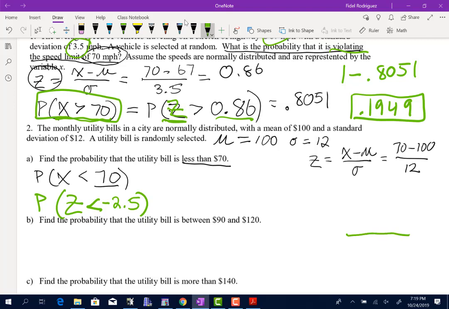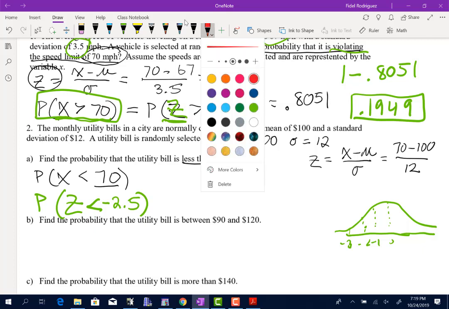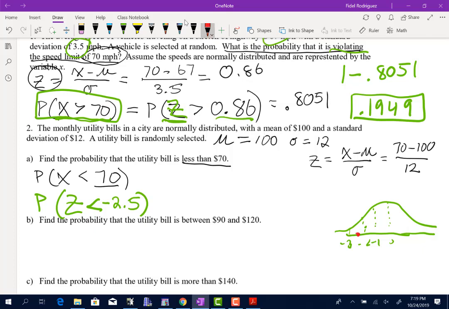Okay? Guys, remember, a heads up again. Whether I'm using my table or my chart, if I were to come here to say, here's 0, here's negative 1, here's negative 2, here's negative 3, don't you all agree that negative 2.5 would be, yeah, this is going to be an unusual score, right?